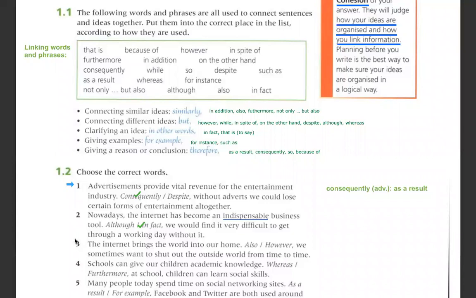Let's just do the last one, number 3. Again, is it a similar idea using also, or is it a different idea using however?